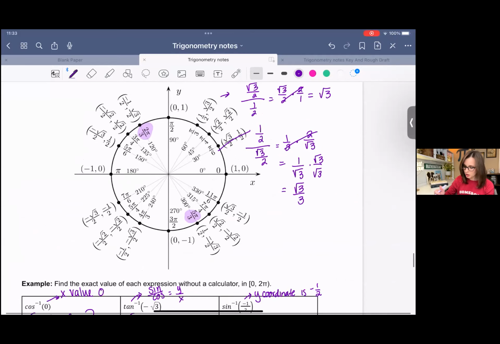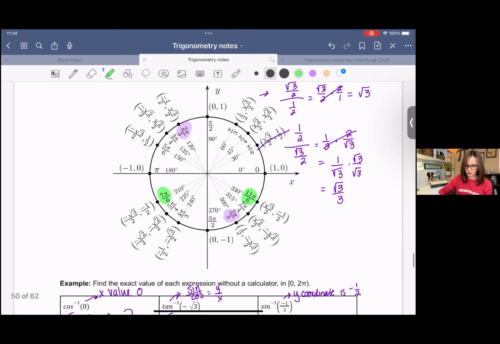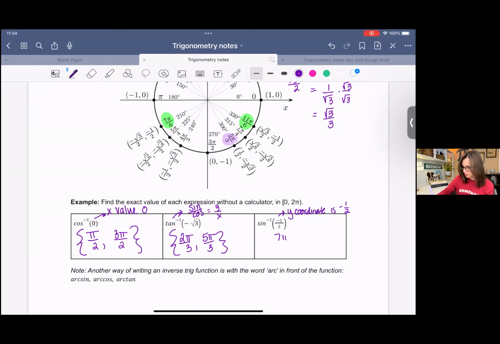We go up here and we can see that it's going to be down here. -1/2 at 7 pi over 6 and -1/2 at 11 pi over 6. So we get two answers. And that's it. That's all you have to do.